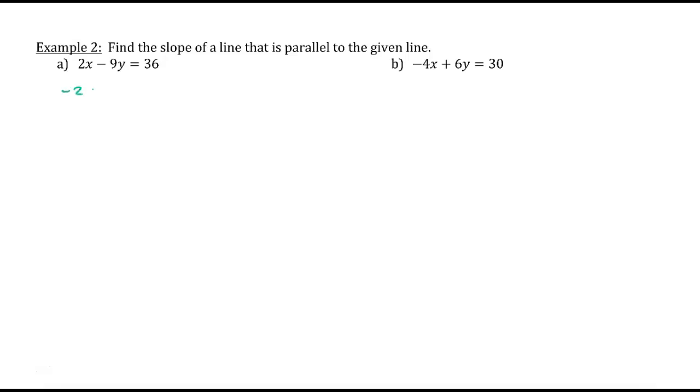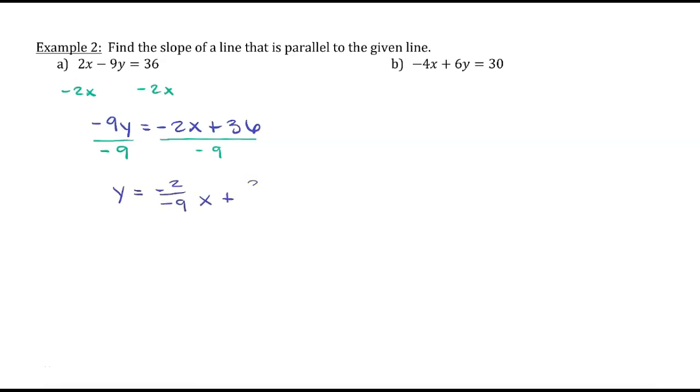We can subtract 2x from both sides to have negative 9y equals negative 2x plus 36. We can also divide both sides by negative 9. This leaves us with y equal to negative 2 over negative 9 x plus 36 over negative 9.